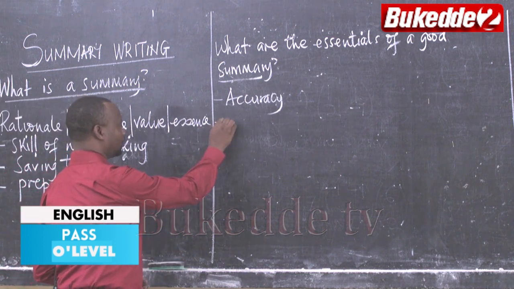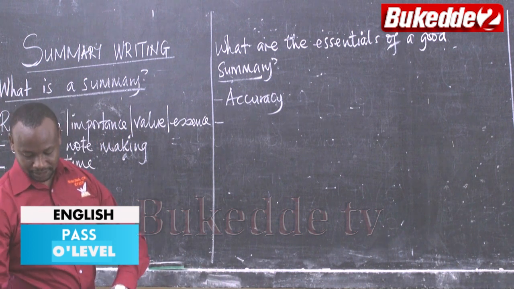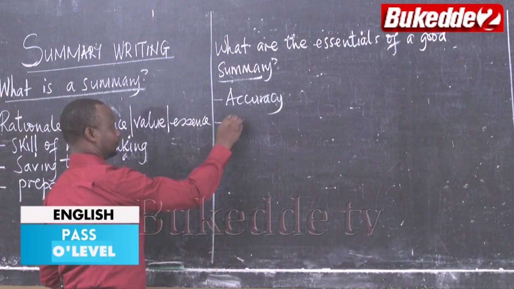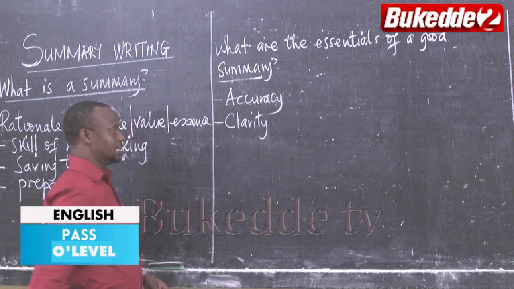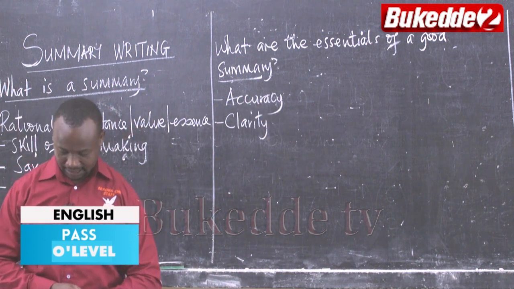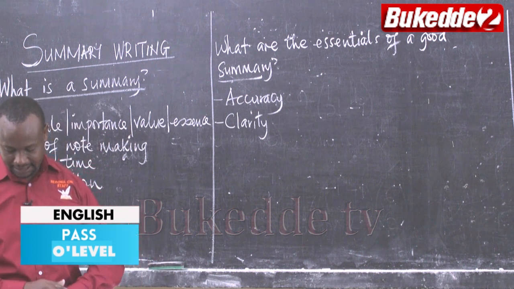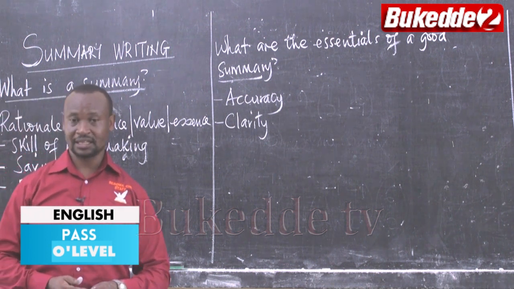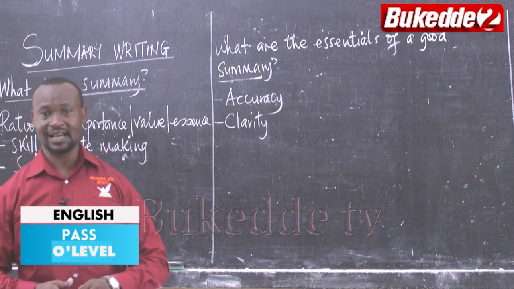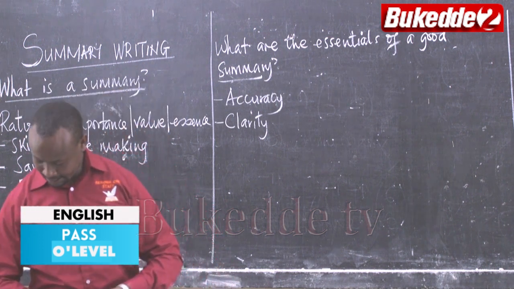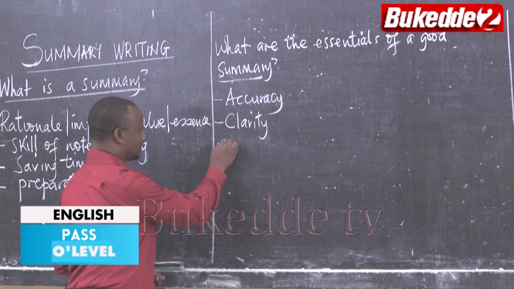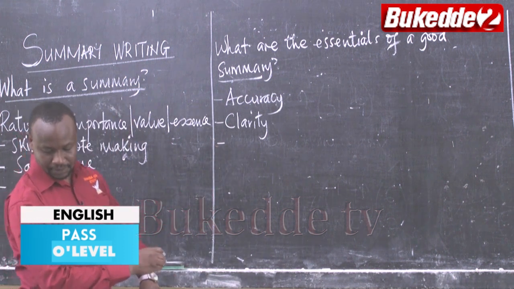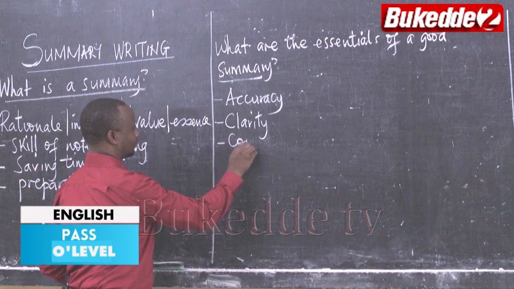Then number 2, the second essential aspect is clarity. The examiner will definitely look for clarity in your work, the clearness in expression. Therefore, you need to write clearly and simply. The third one is completeness.